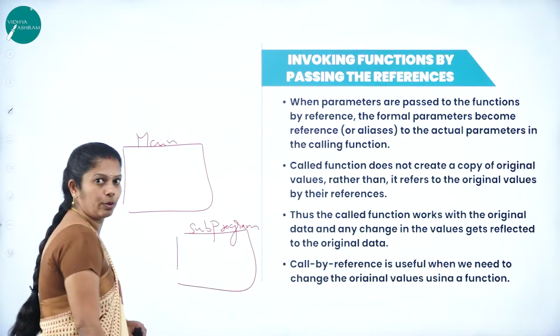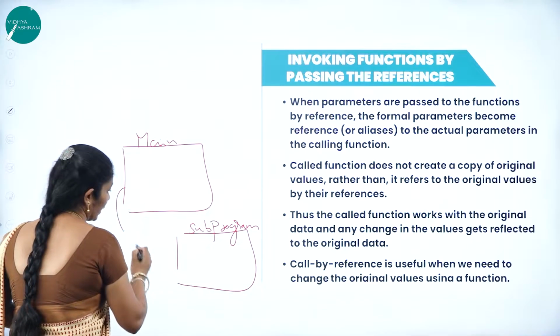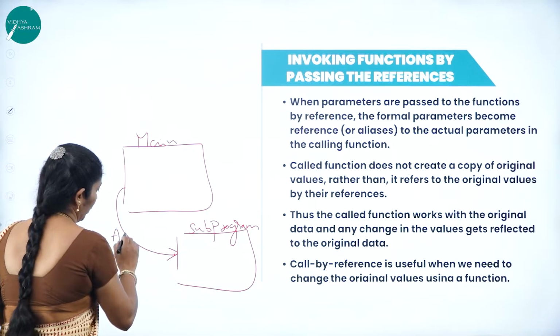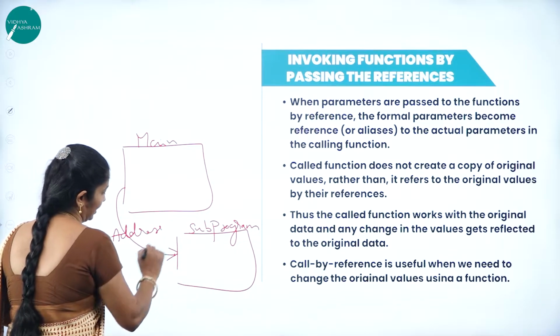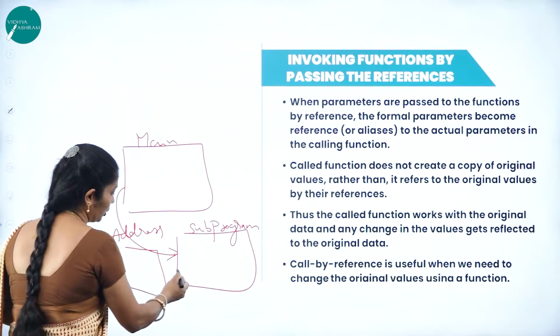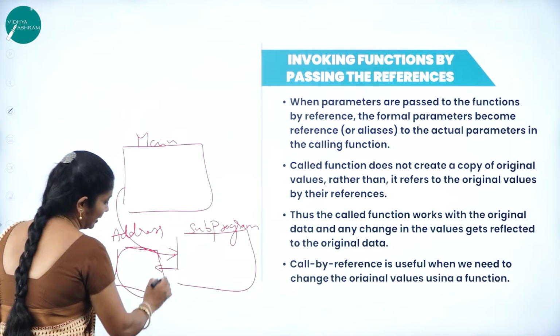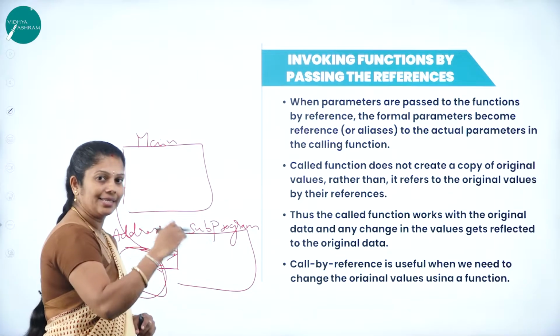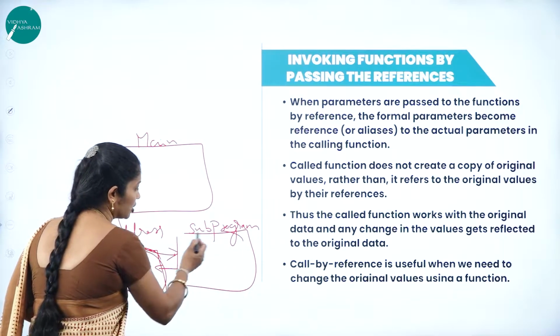The subprogram can be called a function. The main program will send the address of the data. Where exactly the data is present, that address it will send to the subprogram, and the subprogram will take the data from that address itself. Whatever data is on that address, it takes the same data and it will work on that.